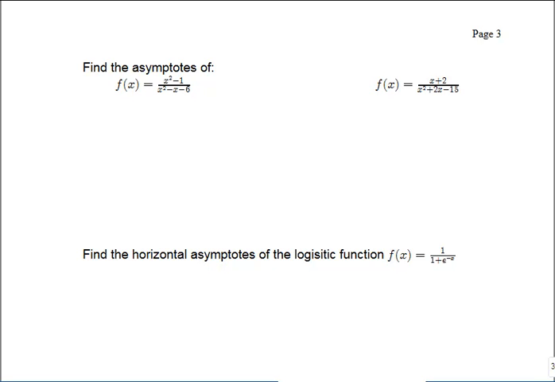Now when it says find the asymptotes of this function, that includes all types, so vertical and horizontal asymptotes. So if we look at this function right here, let's start with our vertical asymptotes. And in order to find vertical asymptotes, you need to figure out where that denominator could potentially become 0.